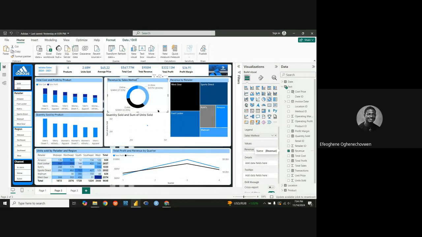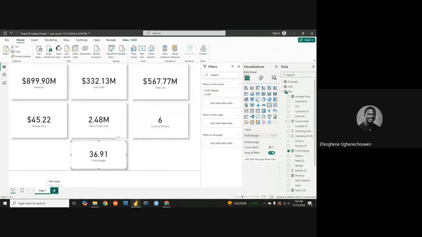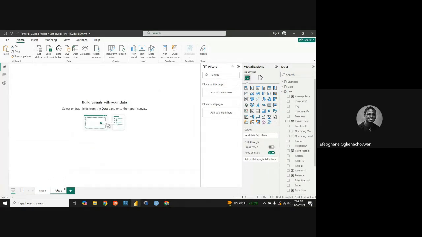All right. So let's go with total cost and profit by product using the stacked bar chart. Remember one of the classes we had when I was walking us through drill downs, drill mode, drill throughs.